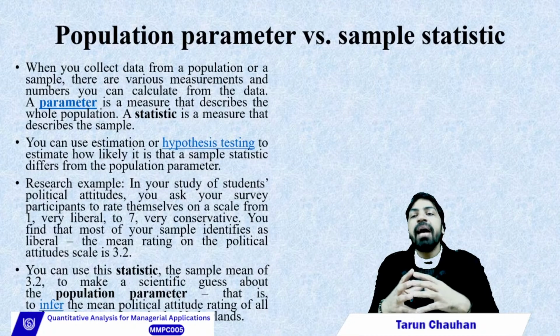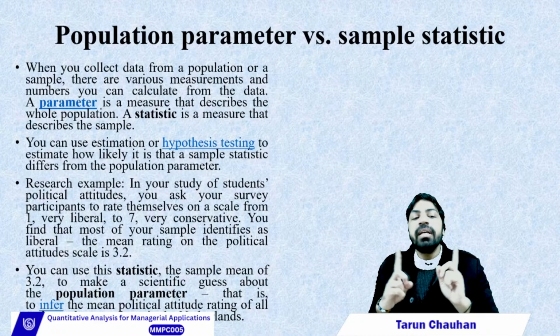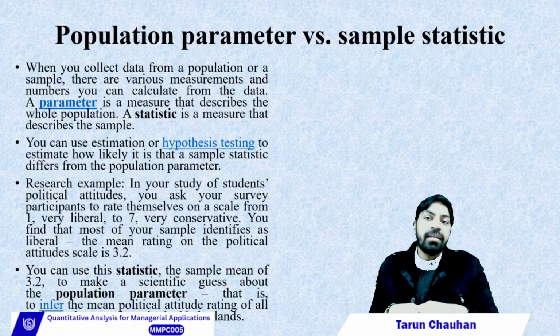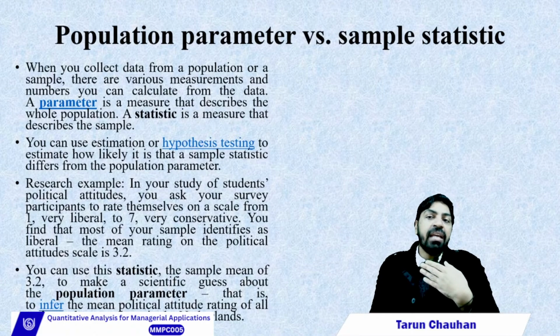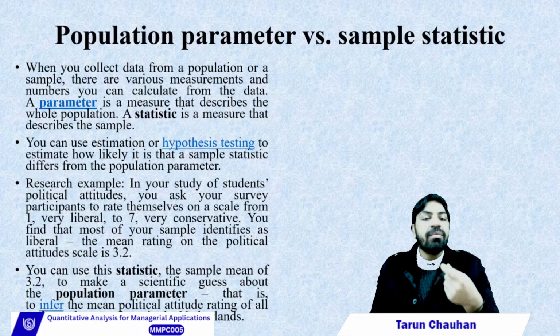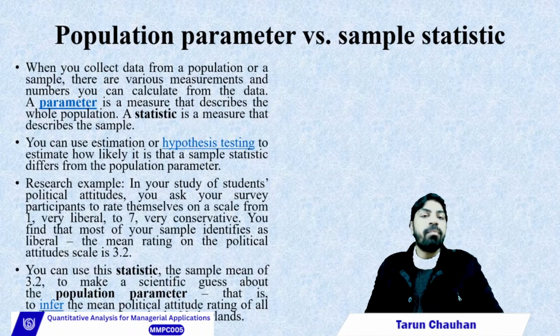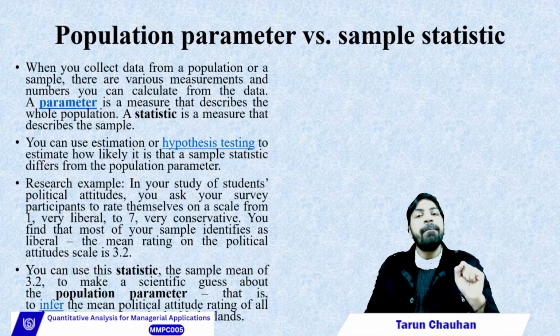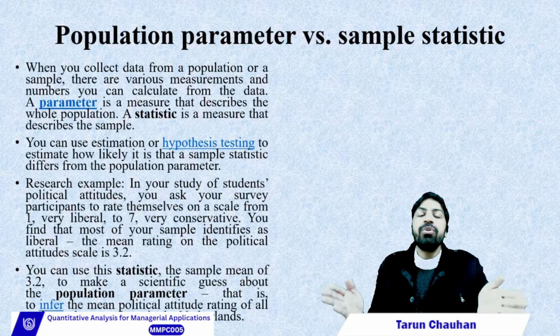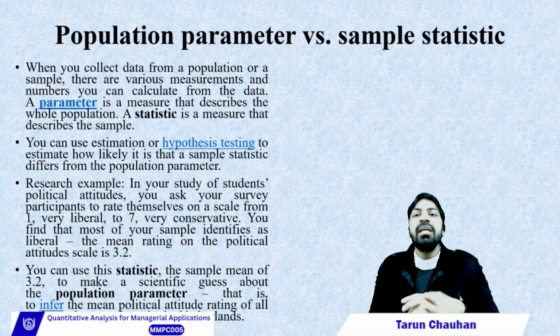So the population parameter is the mean political attitude rating of all the undergraduate students in the Netherlands. If any sample statistic, like the mean, median, or mode, defines something about the whole population, it becomes the population parameter. This is how you can distinguish between the population parameter and sample statistics.